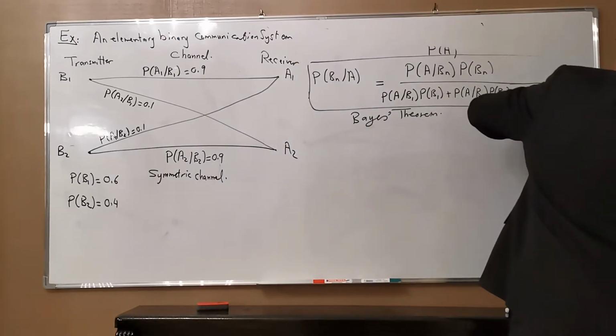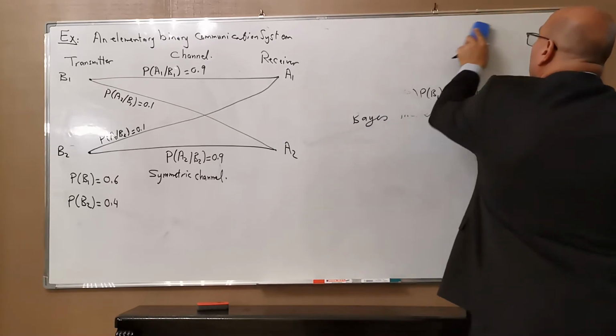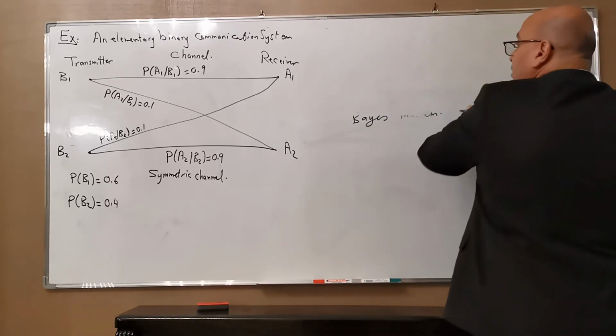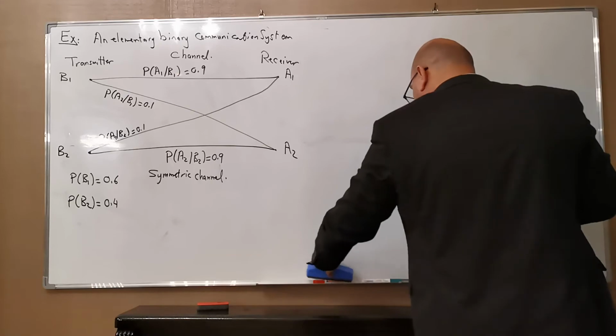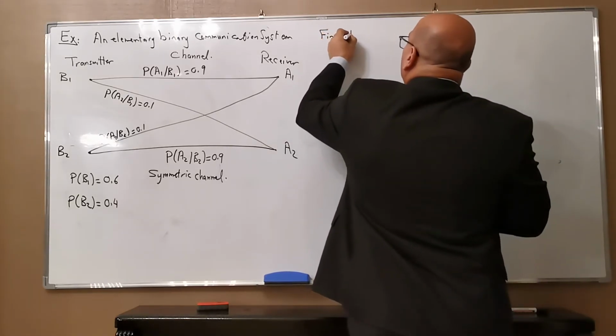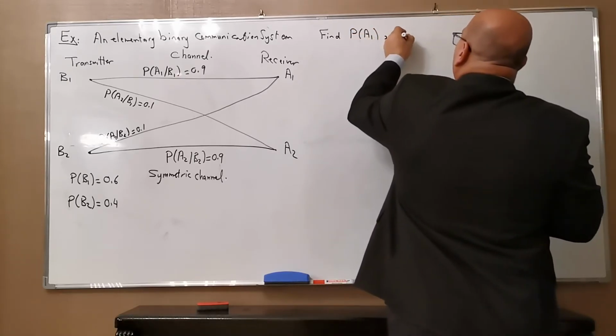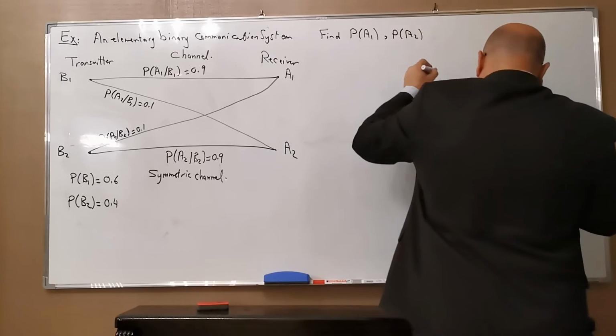Okay, what do we need here? We need to find the probability of receiving A1, the probability of A2.